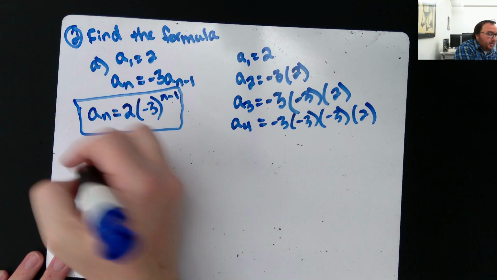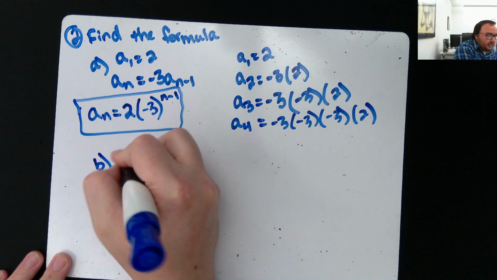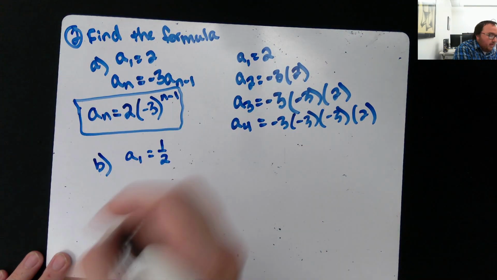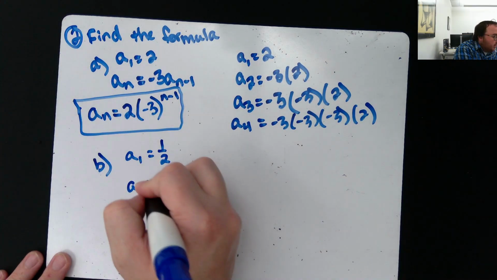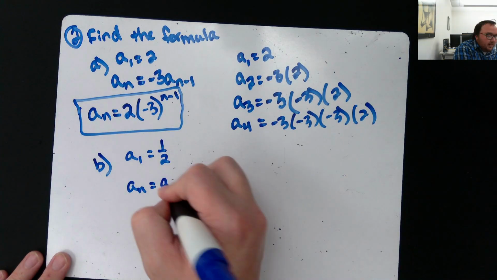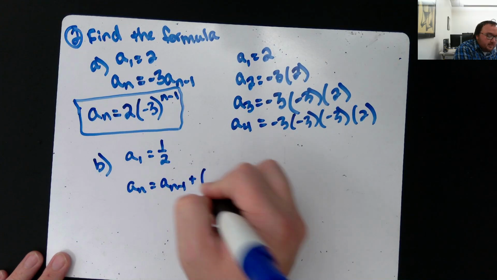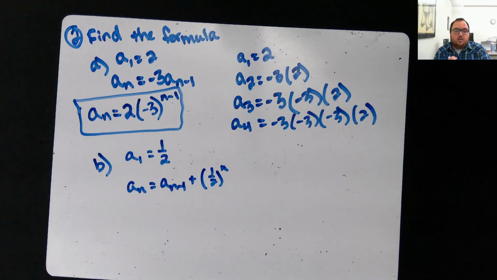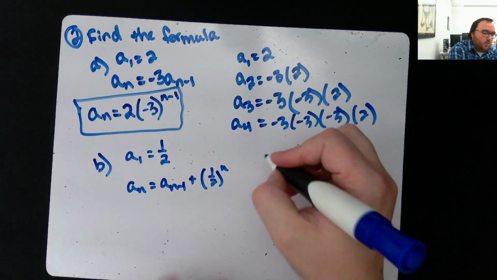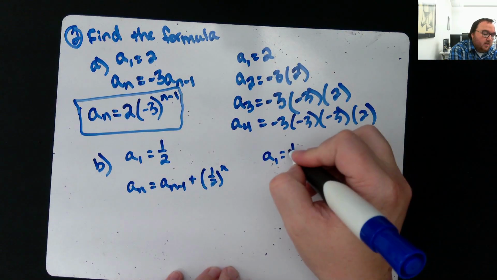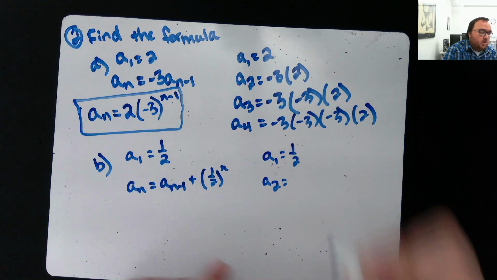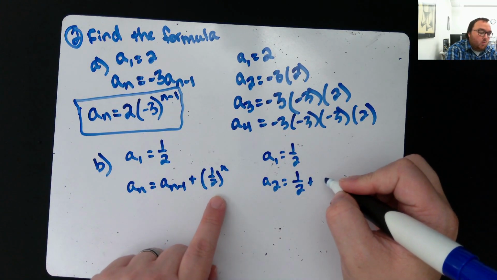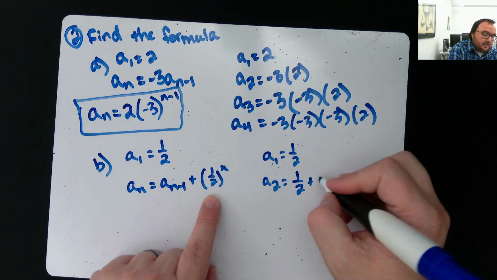For example B, our recurrence relation is that A1 is going to be 1/2, and then AN is going to be A to the n minus 1 plus 1/2 to the n. So let's see what happens there. So for A1, it already says 1/2. For A2, the previous term, which is 1/2, plus 1/2 to the second.